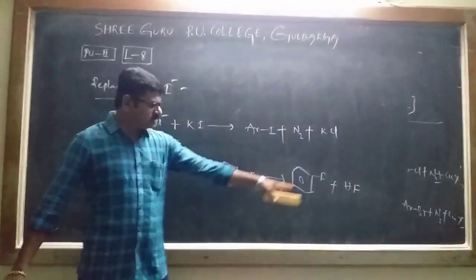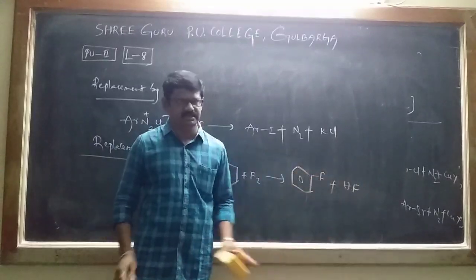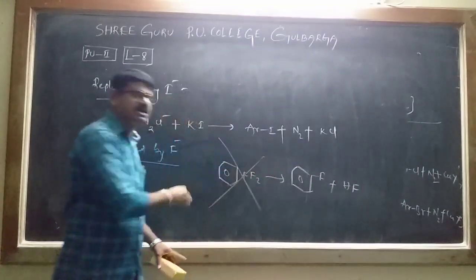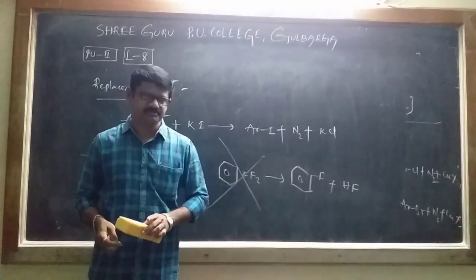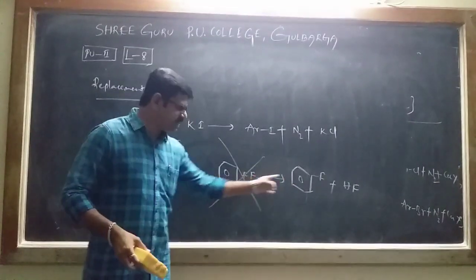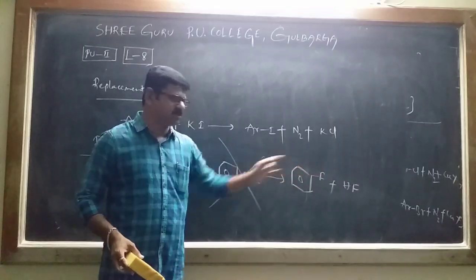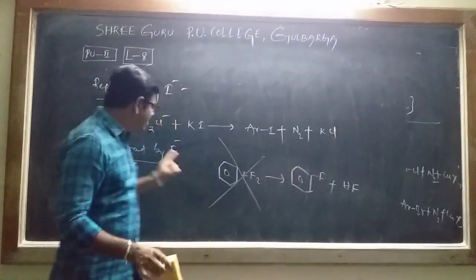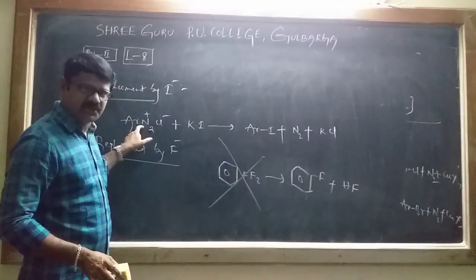Of course, HF is not a reducing agent, leave it. But this direct fluorination also we are not doing to get fluorobenzene. I repeat, direct fluorination also we are not doing. This fluorobenzene is obtained again from benzene diazonium chloride only.